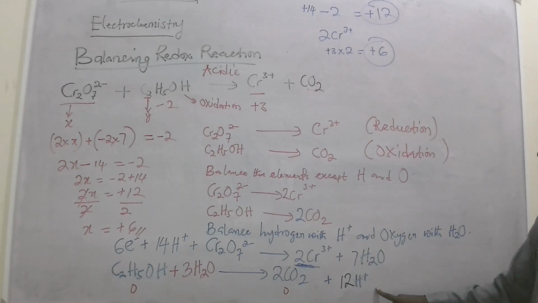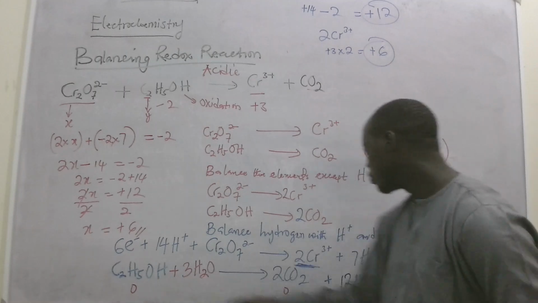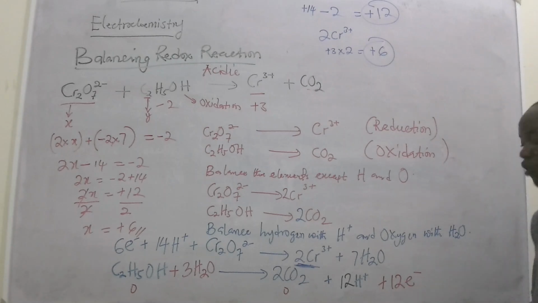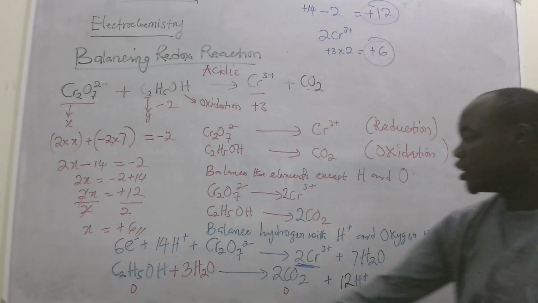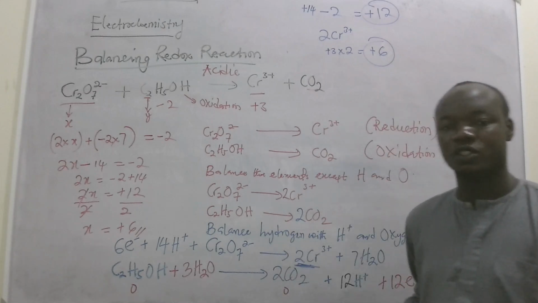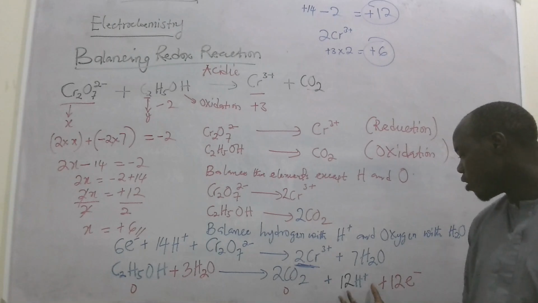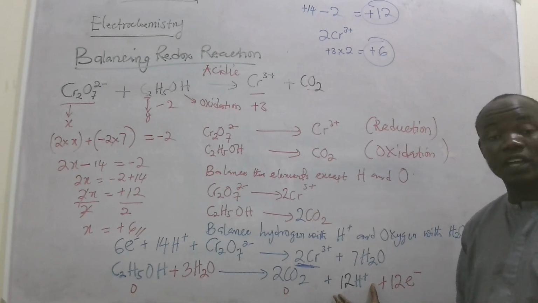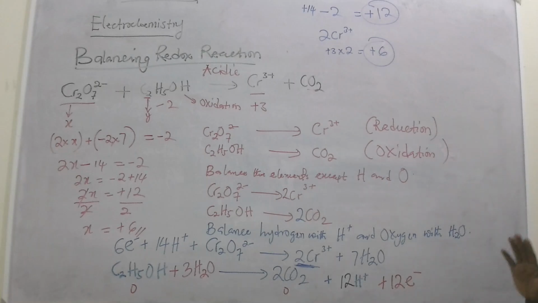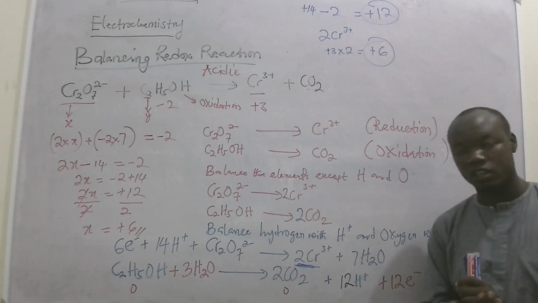To balance this 0, we have to add 12 electrons, because everything here is neutral. To balance the 12 hydrogen ions added here, we have to add 12 electrons.